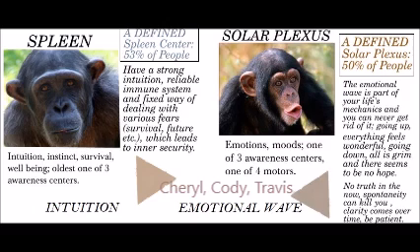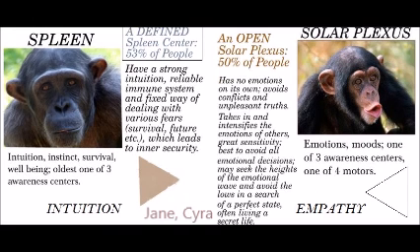So you do have intuition, but you would not have emotional empathy. You would have more of an emotional wave affecting others. So you might perceive yourself to be empathic, but really focus on your splenic intuition as being the source of that. If you have a defined spleen and an open solar plexus, then you would have a combination of intuition and the emotional empathy.